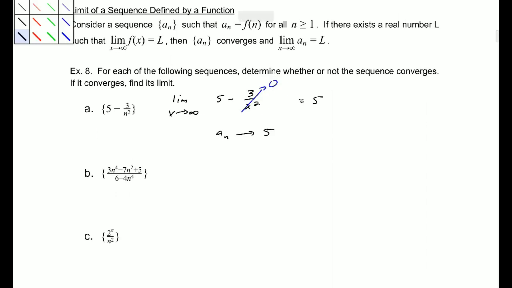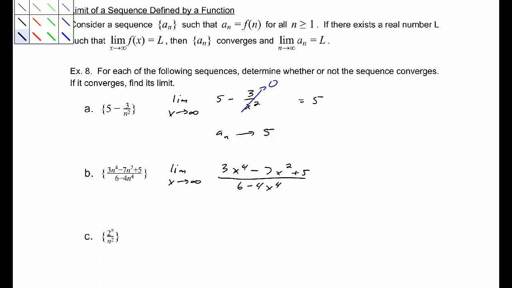Okay, next, the limit as x goes to infinity of 3x to the 4th minus 7x squared plus 5 over 6 minus 4x to the 4th. Now we can use L'Hopital's rule because this is continuous and these are both going to infinity. One's going to negative, one's going to positive infinity.